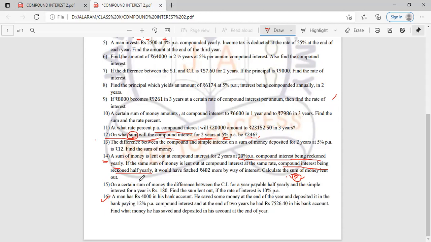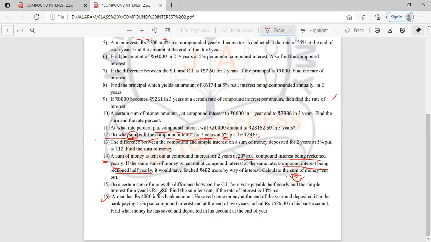Always remember, for the same sum of money for the same time, if compound interest is reckoned half yearly, it will be greater than the compound interest when it is reckoned yearly, as we already have added the interest to the principal in the middle of the year, while when reckoned yearly, we will add the interest at the end of the year. So compound interest when reckoned half yearly will always be greater than when reckoned yearly.